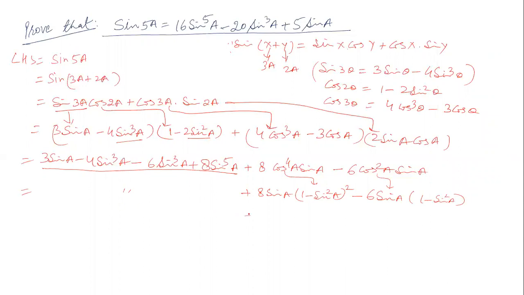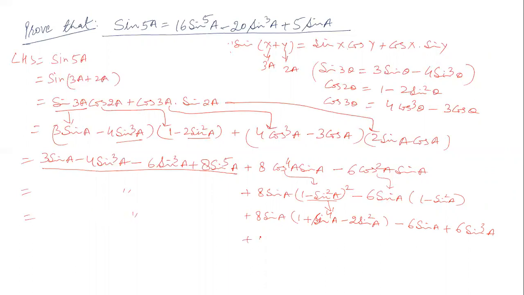Now multiplying 8 sin a using the identity (a minus b) whole square, that is sin to the power 4a minus 2 sin square a plus 1, and multiplying by minus 6 sin a gives plus 6 sin cube a.